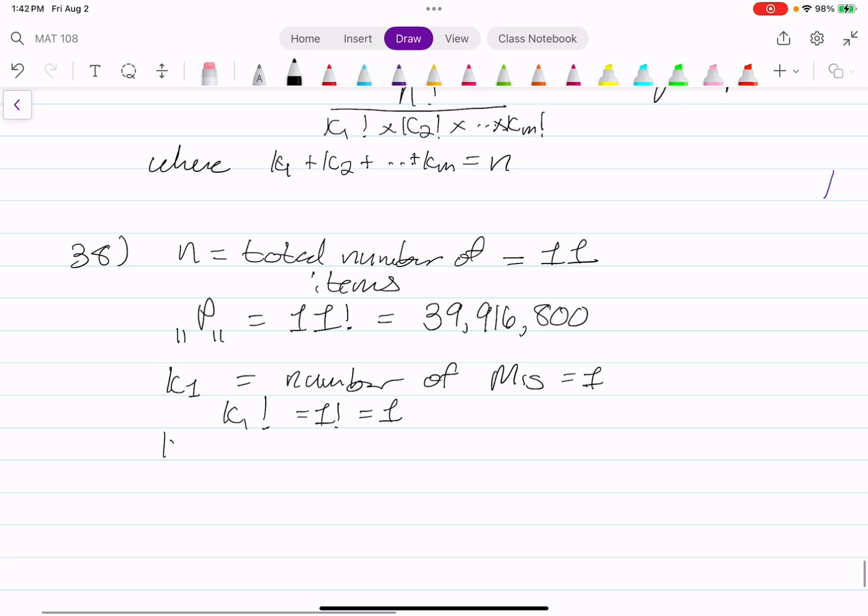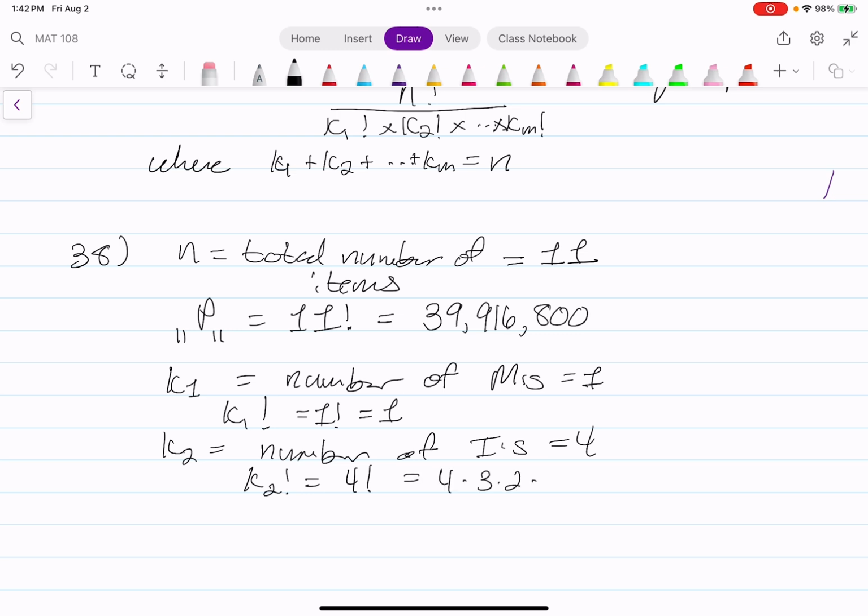Then k sub 2 equals the number of I's in the word Mississippi. And there are 4 I's in the word Mississippi. So k sub 2 factorial is going to equal 4 factorial, which is 4 times 3 times 2 times 1. That is 24.